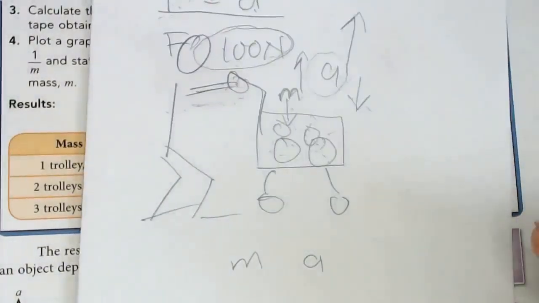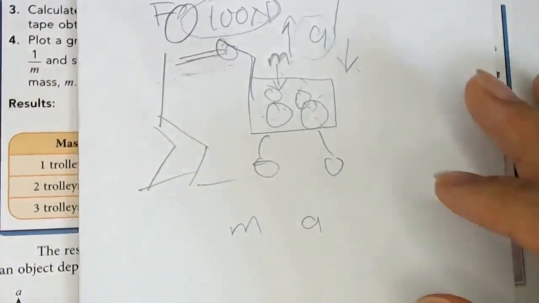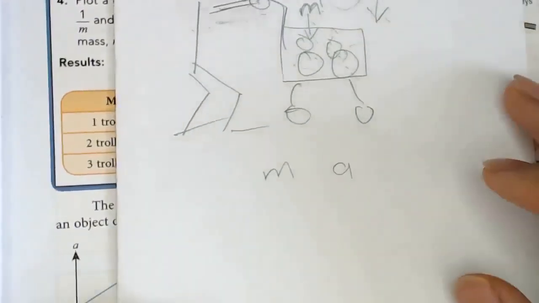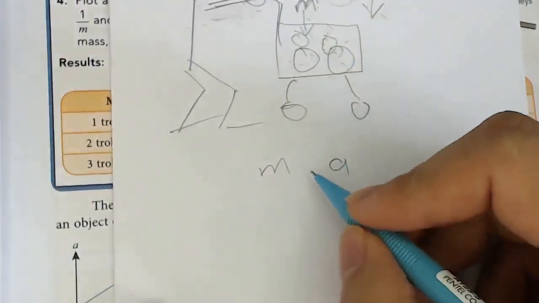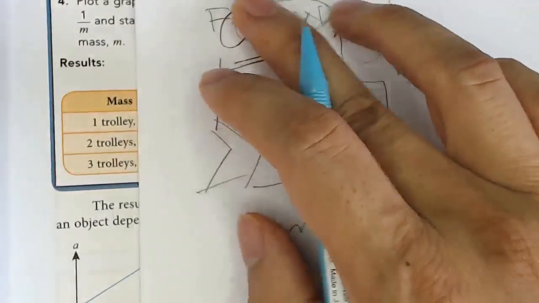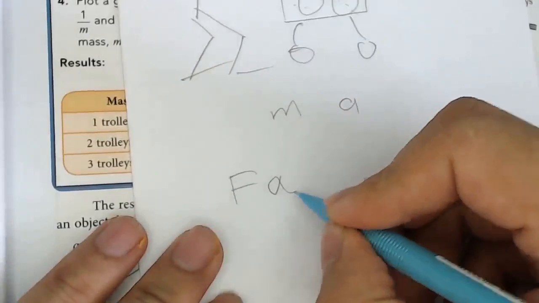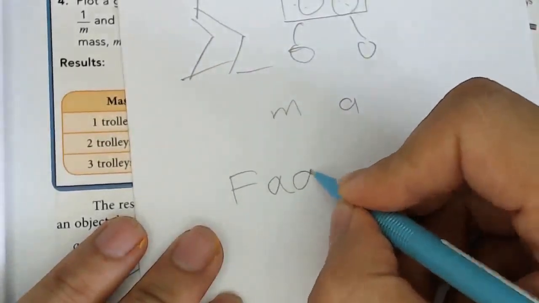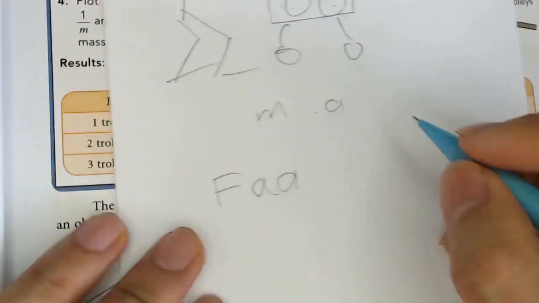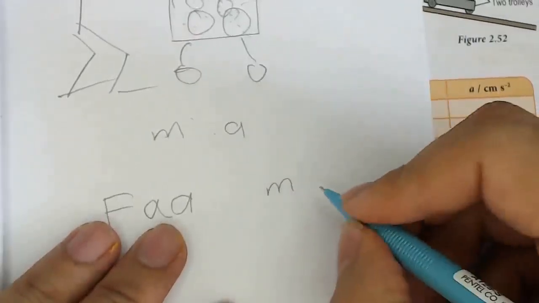So how to make the relationship? Before we have F and A, F is directly proportional to A. But this time between M and A, how do we make a relationship?